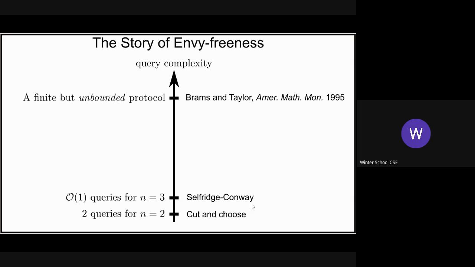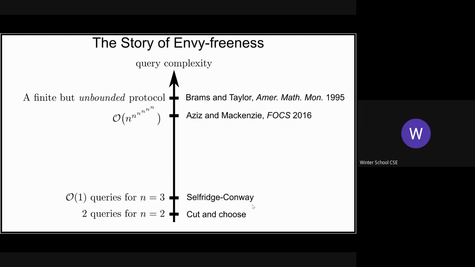Anyway, this was what we came to know of in 1995. And then in 2016, a couple of computer scientists came along, and they gave a finite and bounded protocol. So the running time bound depended only on n, and did not depend on the VIs. But as you can observe, the bound wasn't particularly encouraging.